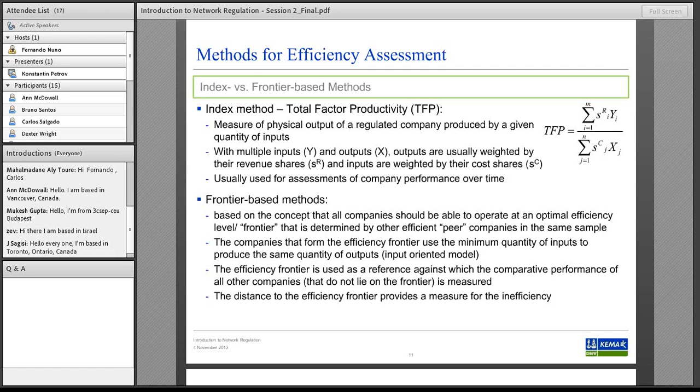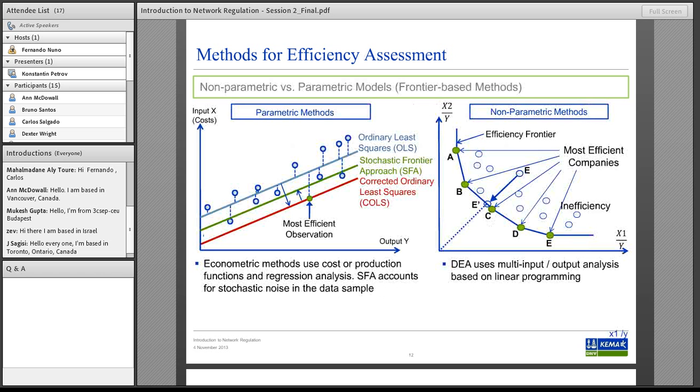And this difference in terms of individual performance versus best performance will indicate the possible inefficiency of the company. So to establish this frontier, as already said, we can use either non-parametric or parametric technique. And now in the next slide, you can see a bit more explanation of these two models.